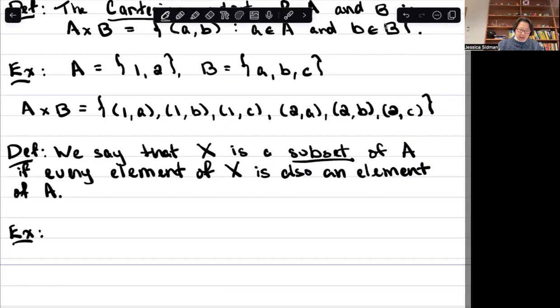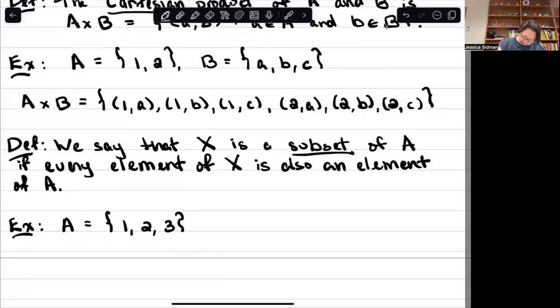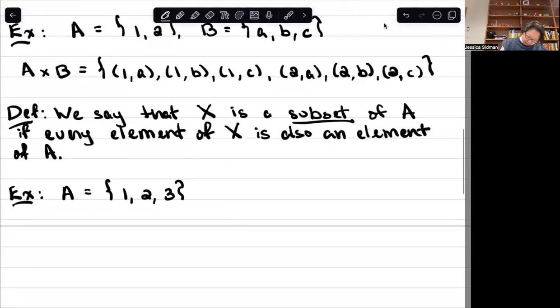So for example, let's suppose our set A is the set {1, 2, 3} this time. If I want to think about what set might be a subset of A, so let's say X, the set containing 1 and 2.